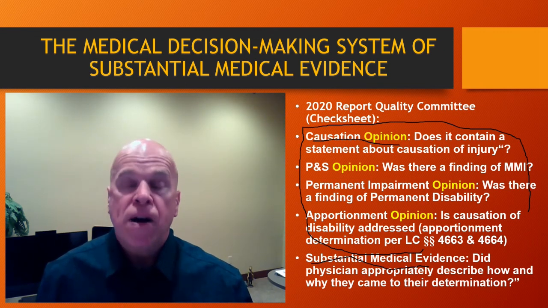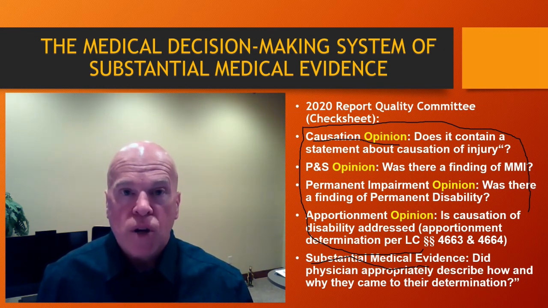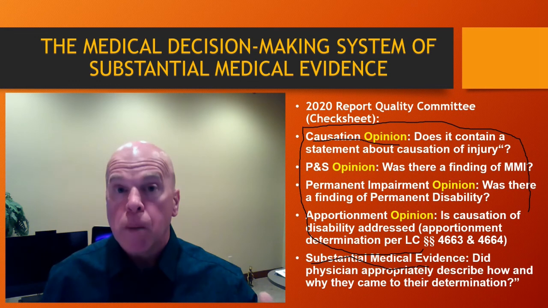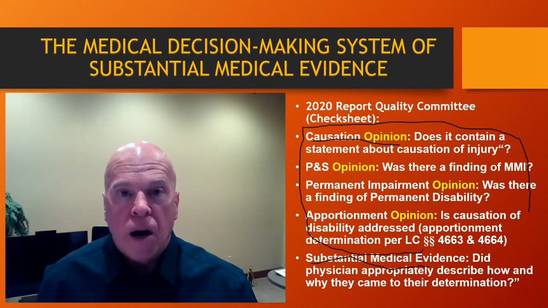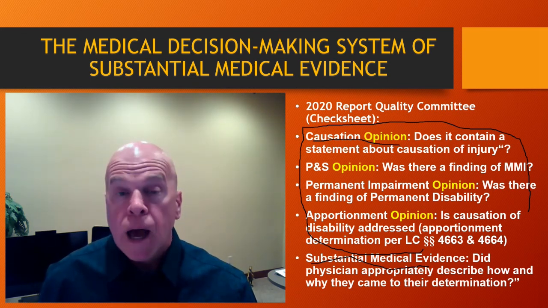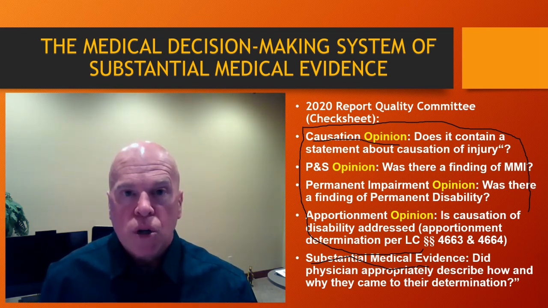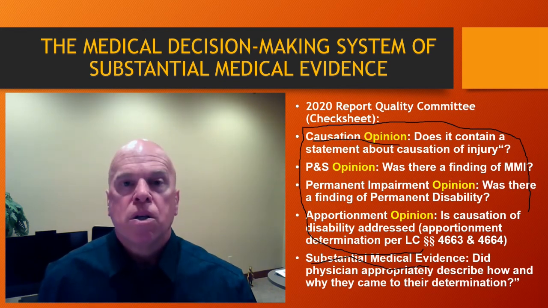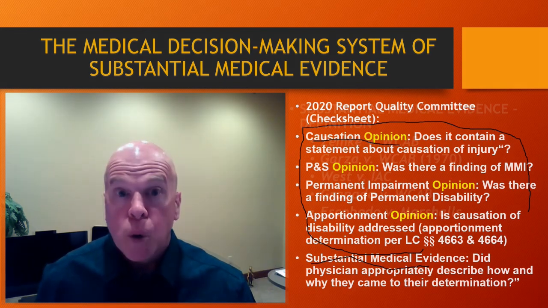So let's define substantial medical evidence so that you have a good understanding of the component parts of a substantial opinion. And then after that's established, let's go into exactly how you can begin to incorporate substantial opinions into your very next report.